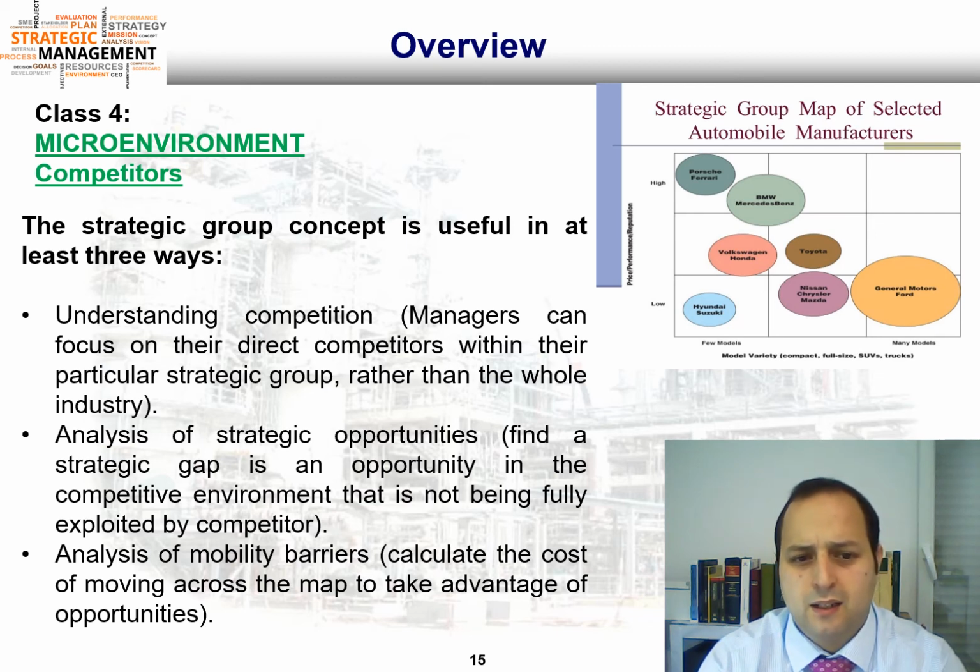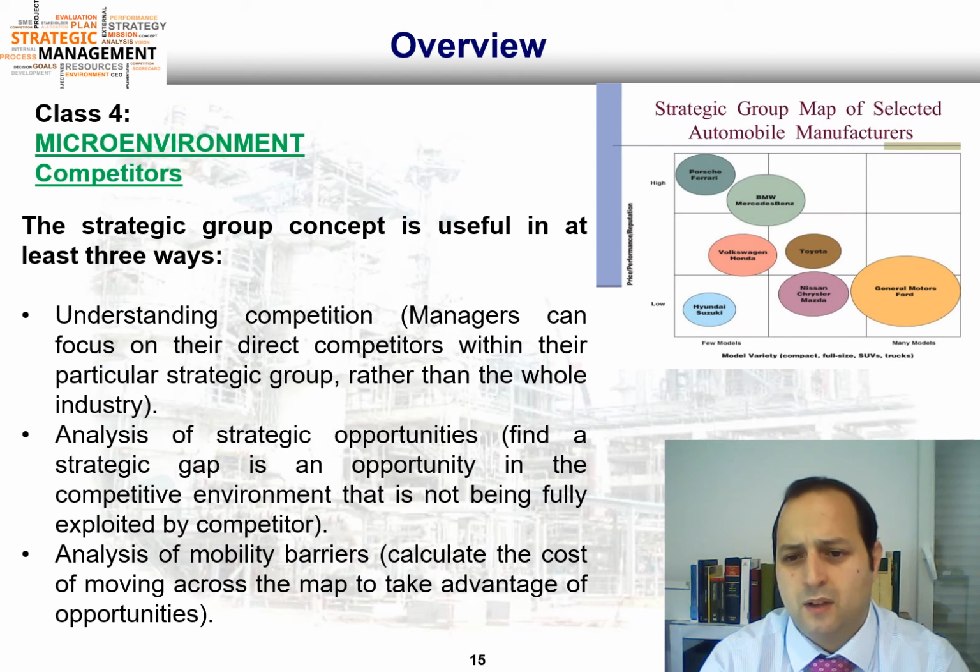And finally, the strategic group concept is useful for the analysis of mobility barriers. As you may understand, let's think of this strategic group map of the car industry. It's not the same market that Ford has as the market of Porsche or Ferrari.